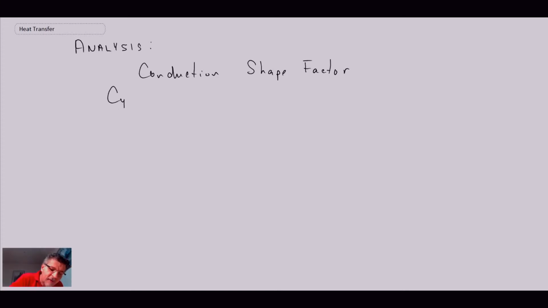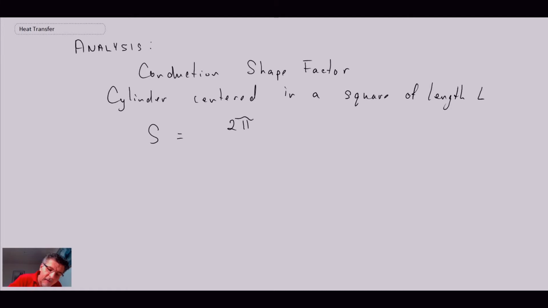This is for a cylinder centered in a square of length L. And for that, the shape factor we're told is the following.